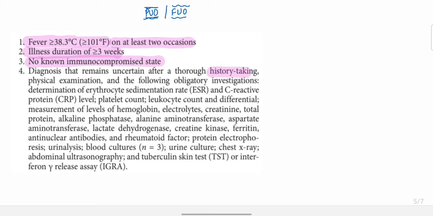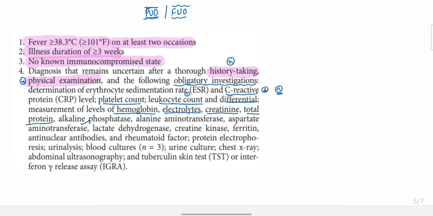First of all, history taking and physical examination, both of them should be normal. And obligatory investigations include ESR and CRP, both should be normal. Then platelet count, TLC, DLC, HB, serum electrolytes, serum creatinine, total protein.